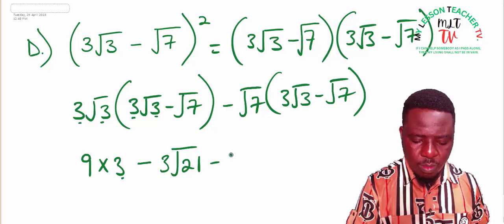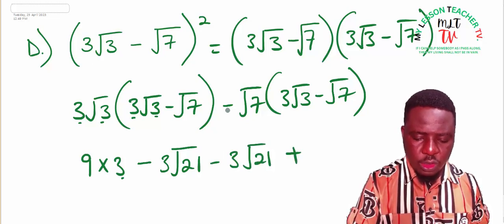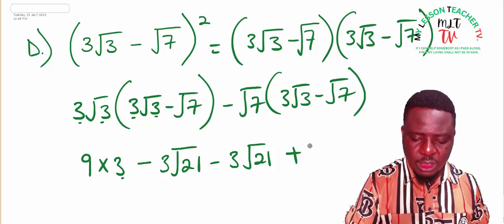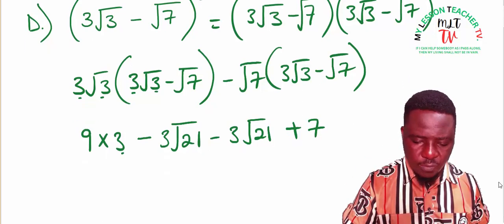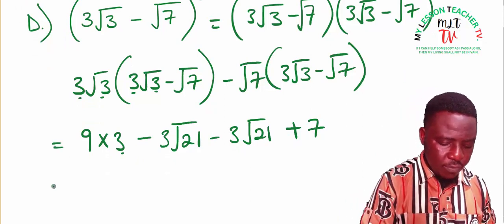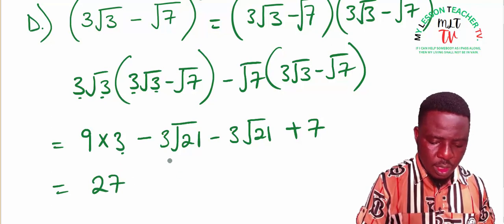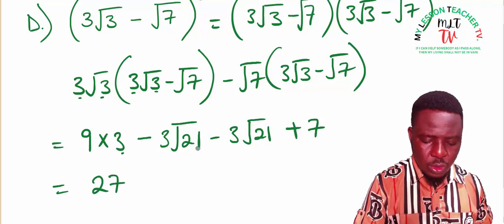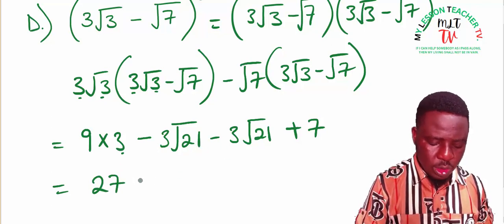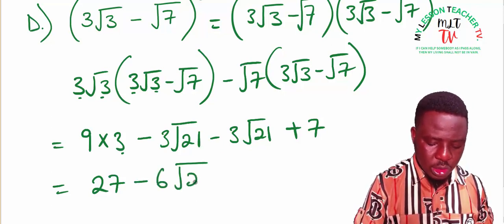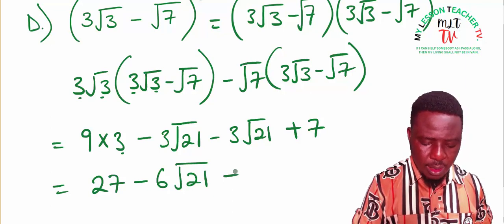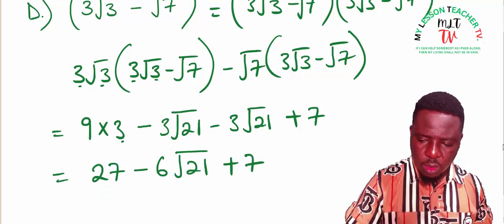This gives us minus 3 root 21 plus, when you multiply negative times negative is positive, root 7 times root 7 gives us 7. When you simplify further, 9 times 3 is 27, minus 3 root 21 minus 3 root 21 is minus 6 root 21, using your number line, plus 7.